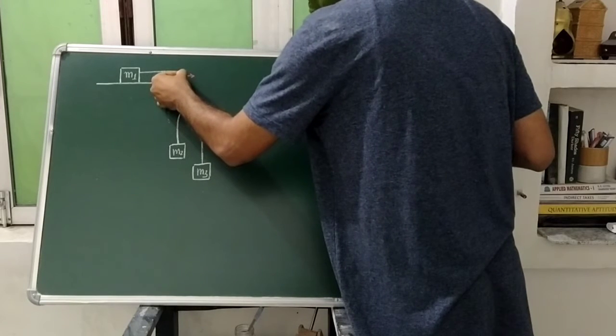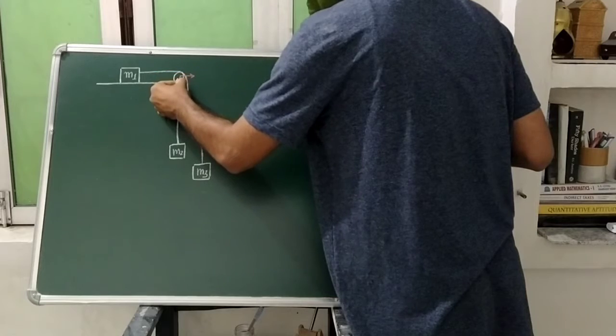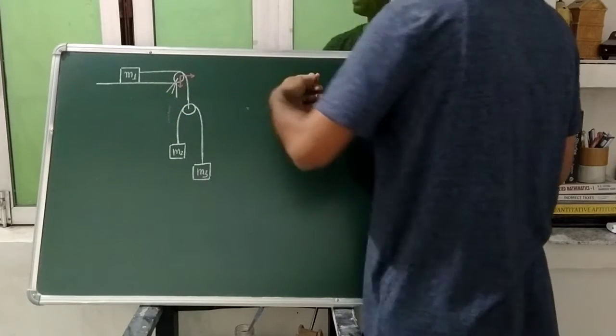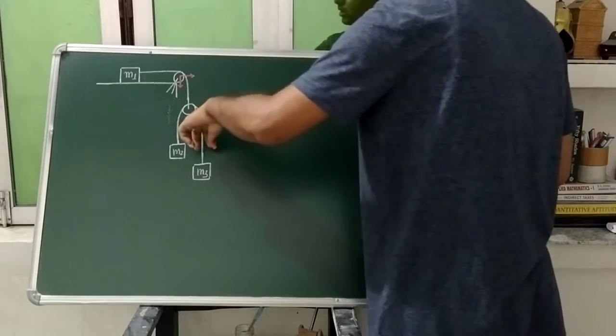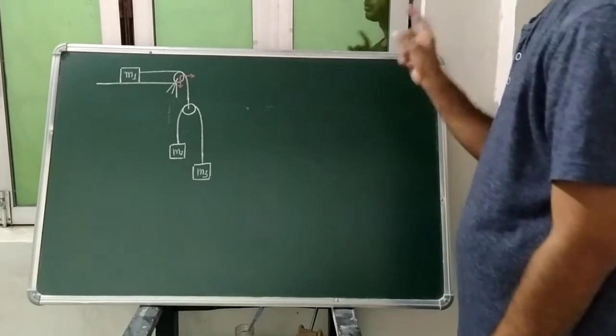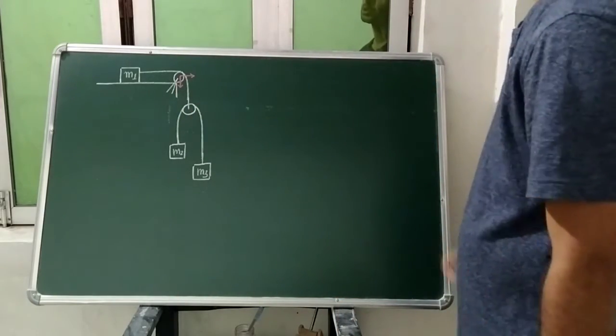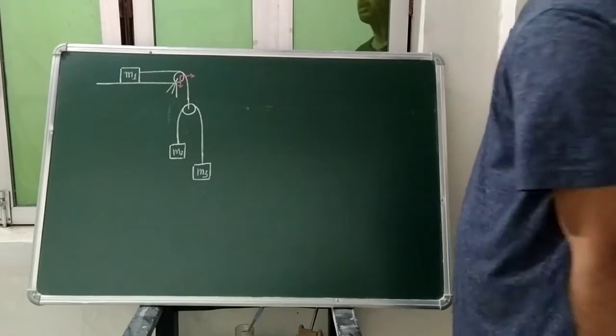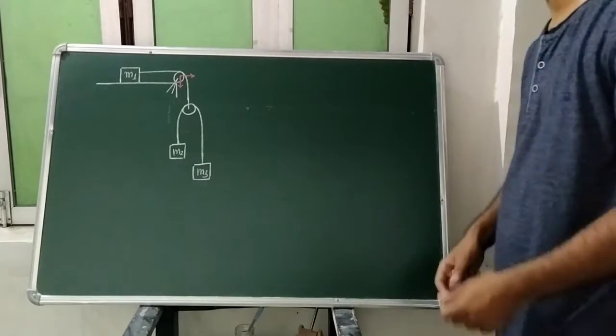So suppose this is the positive x-axis, this one is the positive y-axis, from a fixed point. First we will select a coordinate system.